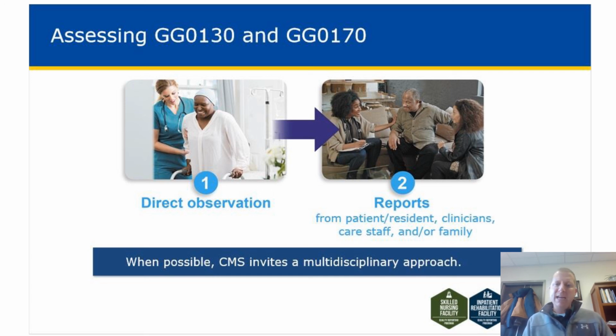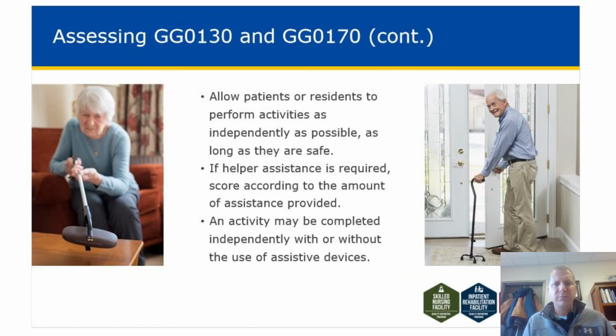For some of the items, it also may be acceptable to get a patient report, maybe some other clinicians' report based on what they're directly observing, or perhaps some family members too. So we can keep that in mind when going through and scoring different aspects of section GG.